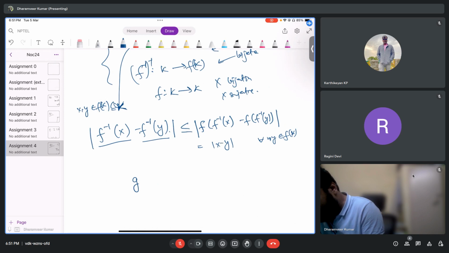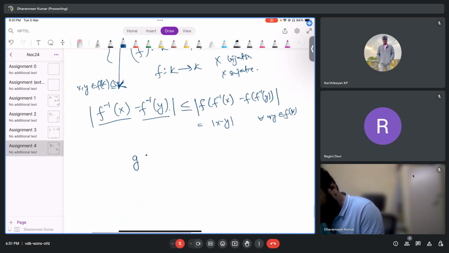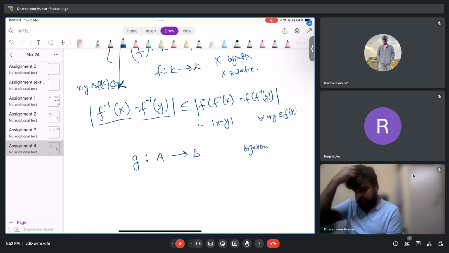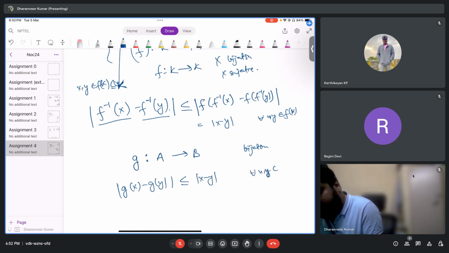So let's call this g. g is one-to-one, is a bijection from A to B, such that |g(x) minus g(y)| is less than or equal to |x minus y| for all x, y.